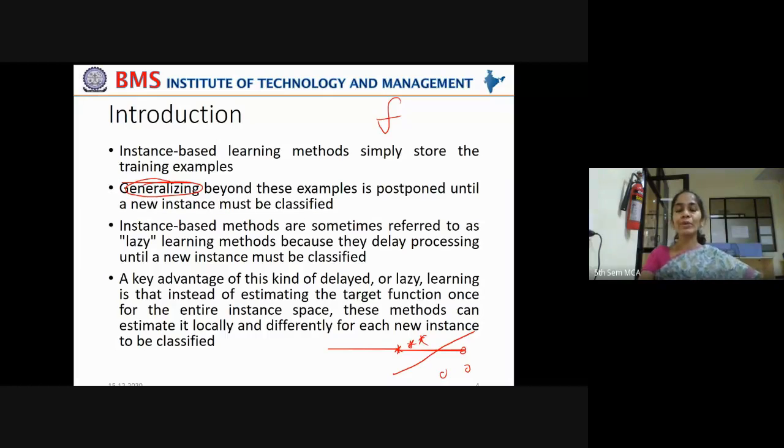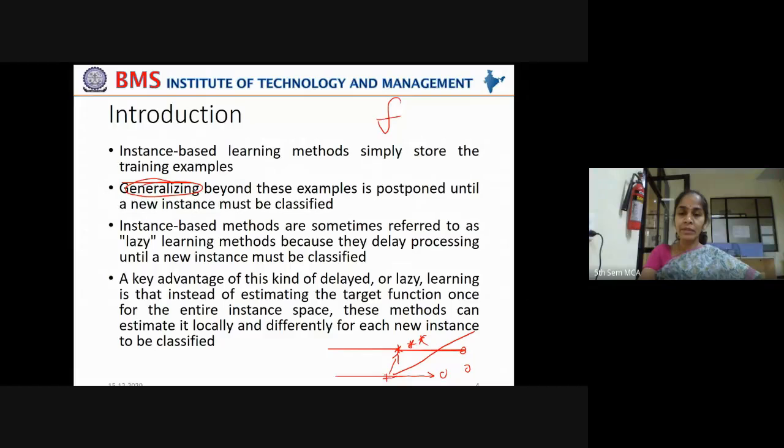Whenever the machine learning model is given these training examples, it just stores the values. Now a new data point, say plus, is given to the model. At the last phase, after storing all the training examples, the model compares this plus data point, the new data point, with stars and with circles.